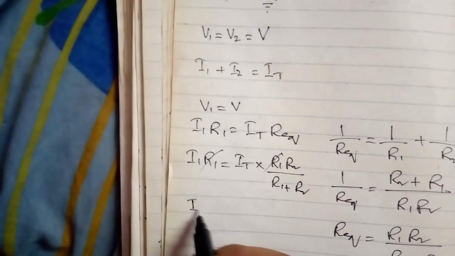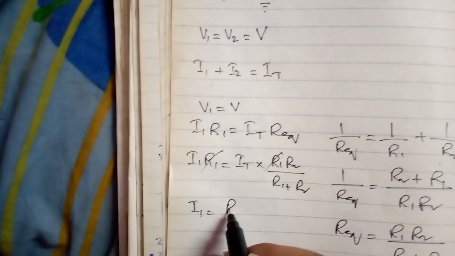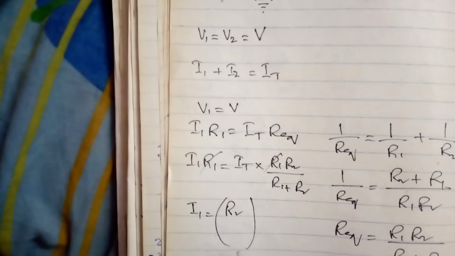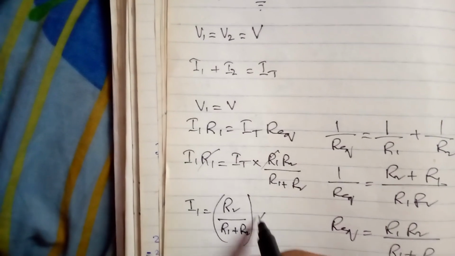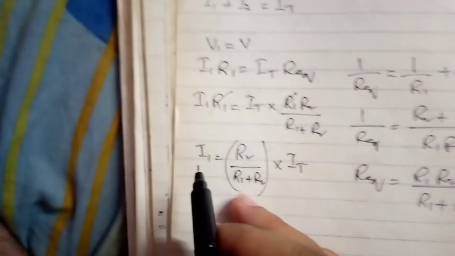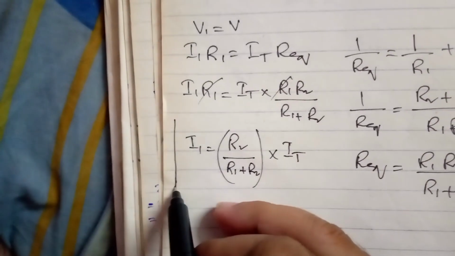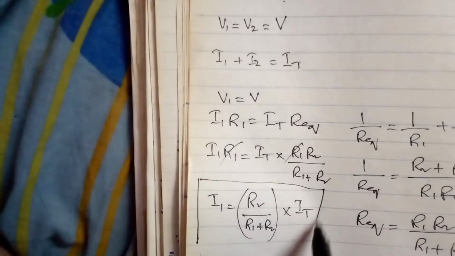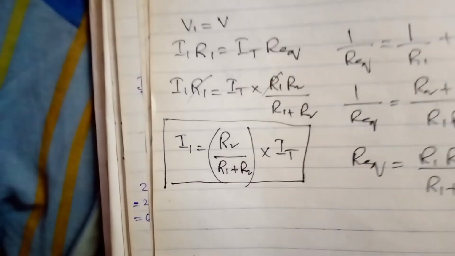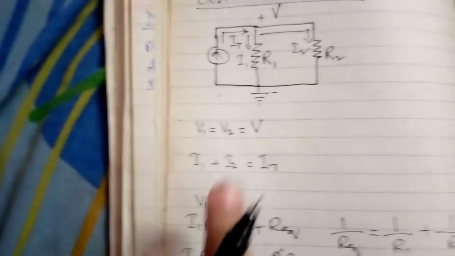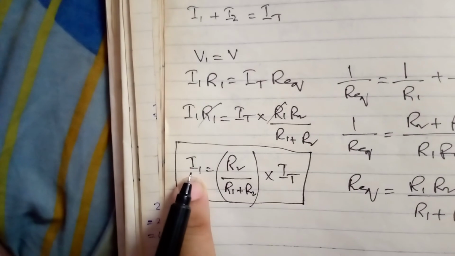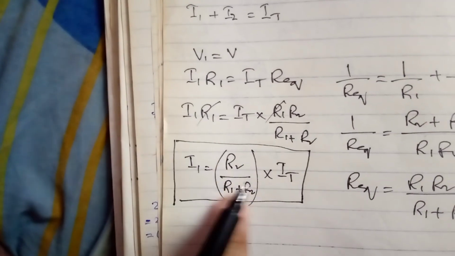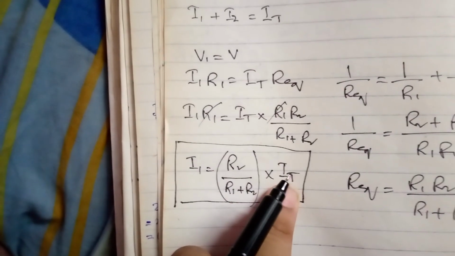So I1 will be equal to R2 upon R1 plus R2 multiplied by total current. So this is the formula for I1, the current flowing through R1. I1 is equal to R2 upon R1 plus R2 multiplied by total current.